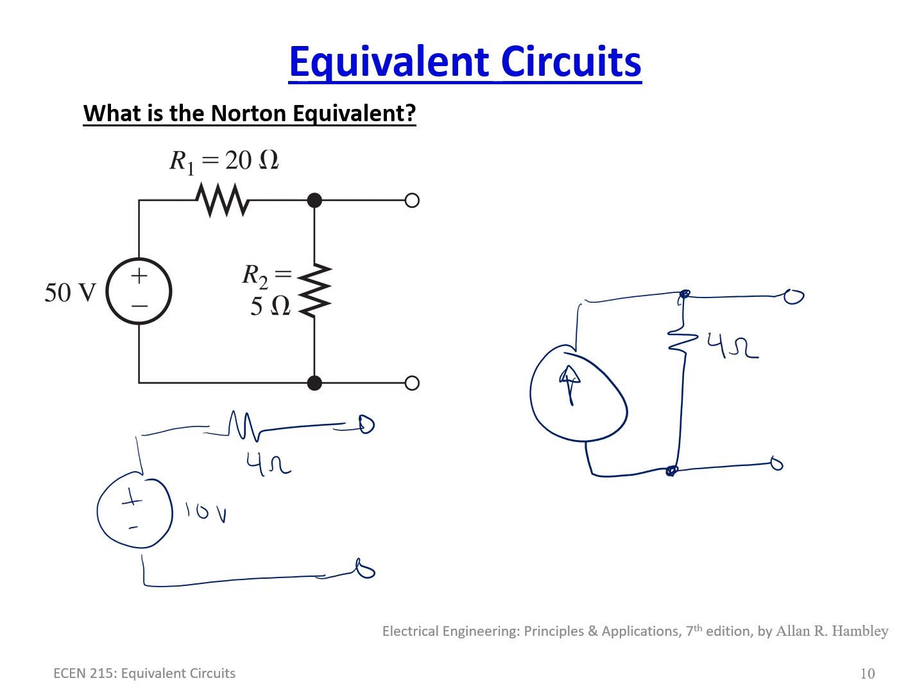This is still 4 ohms. So what is the current? So we end up with 10 volts divided by 4 ohms. This happens to be 2.5 amps. So IT is equal to 10 volts over 4 ohms.